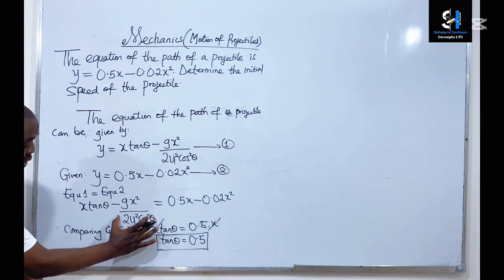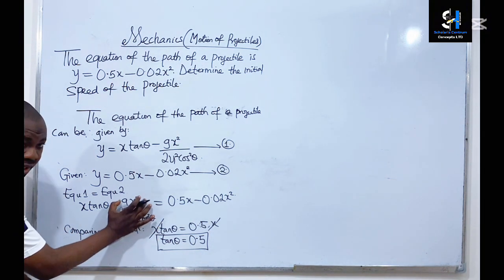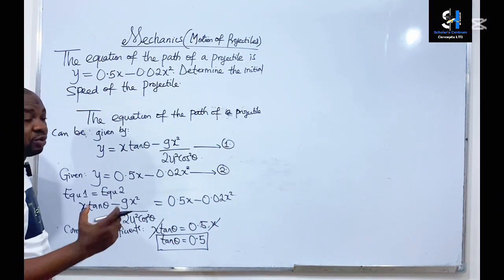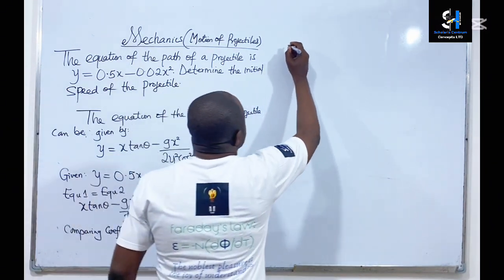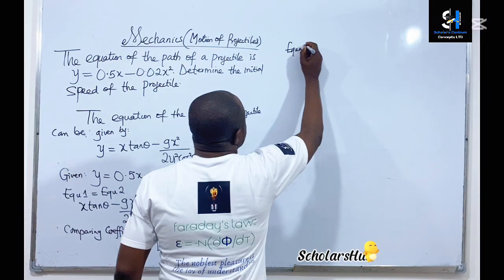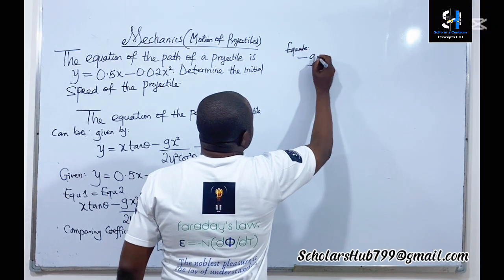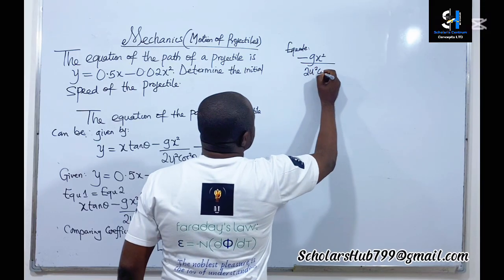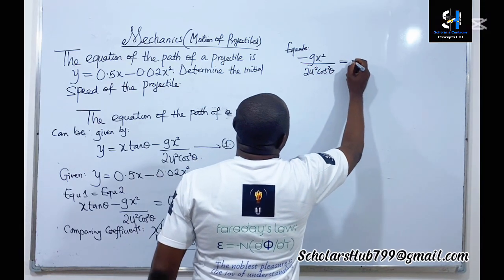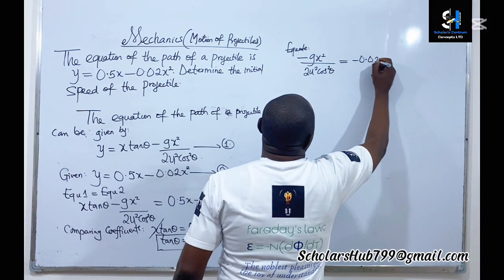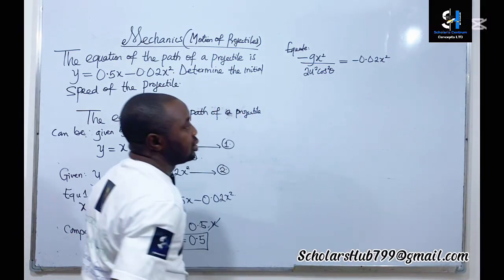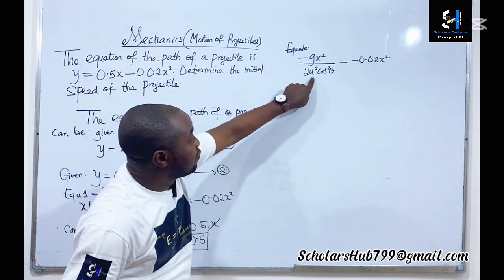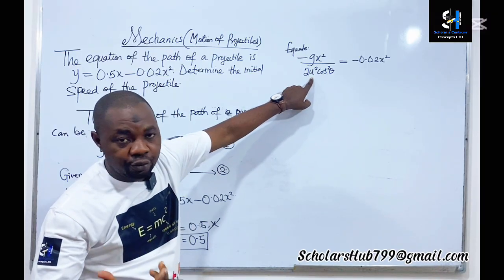Then again, we can equate negative g x squared over 2u squared cos squared theta and negative 0.02x squared. Let's not forget that we want to determine the value of u.